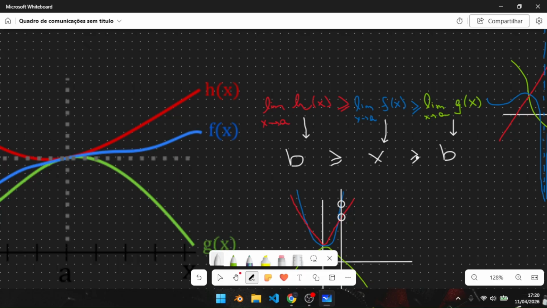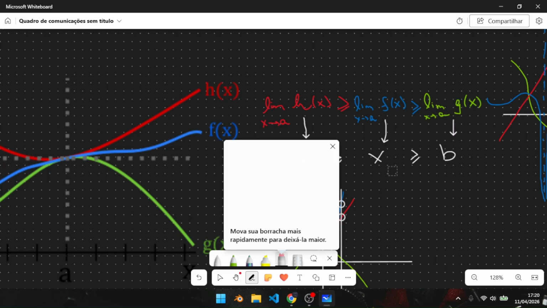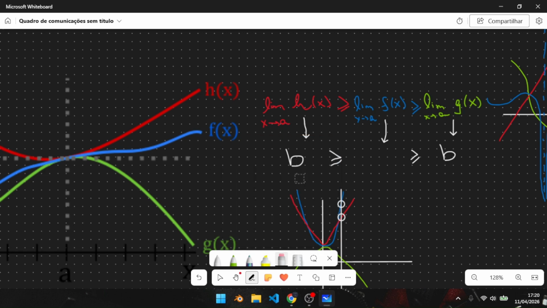Now, what is the only possibility that this inequality is true? Of course, only when f of x is b. Why? Because then we would have b equals b equals b. Right? That makes sense. So you find out that the limit of f of x is b. You didn't even do any calculations.